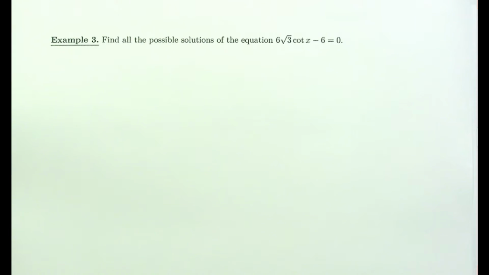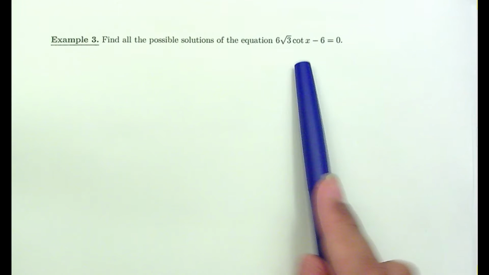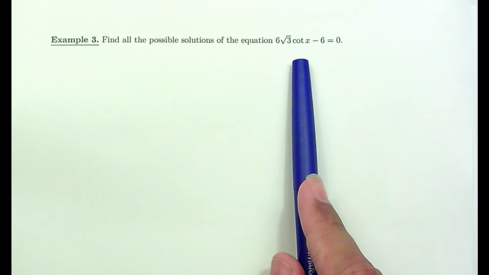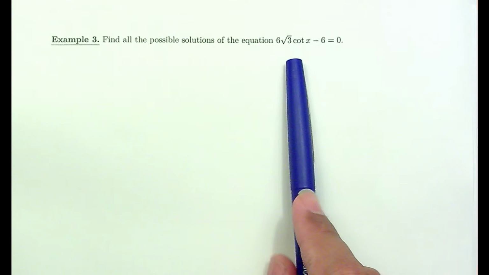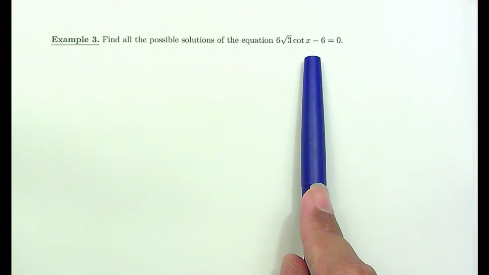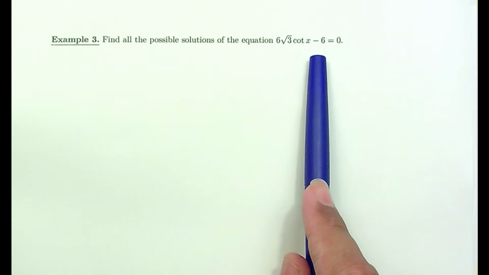The guideline says stick to sine, cosine, and tangent, the basic 3. So that means one of the first things we want to do is try to rewrite this using either sine and cosine or tangent.